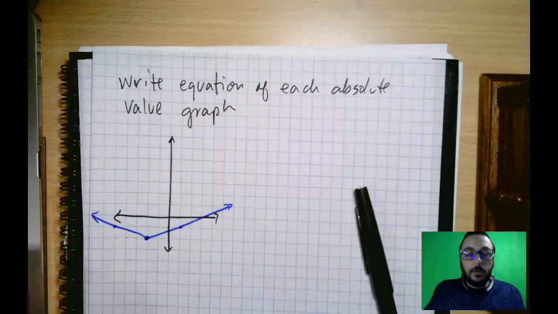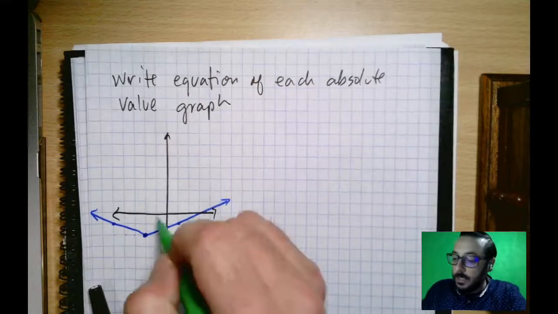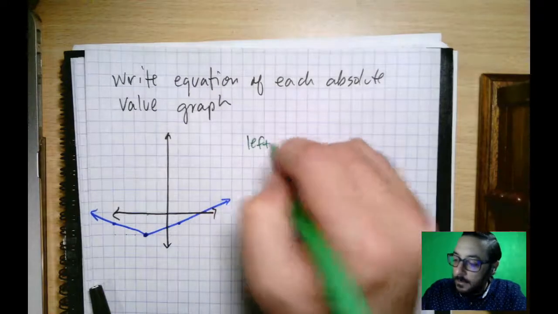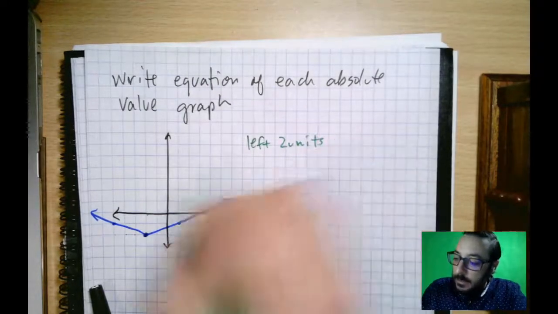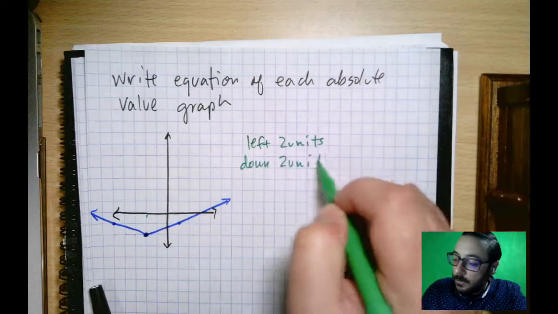We've got to look for our transformations. So first of all, let's look at our translations. The vertex went left 2 units and down 2 units. All right, so let's write these down.